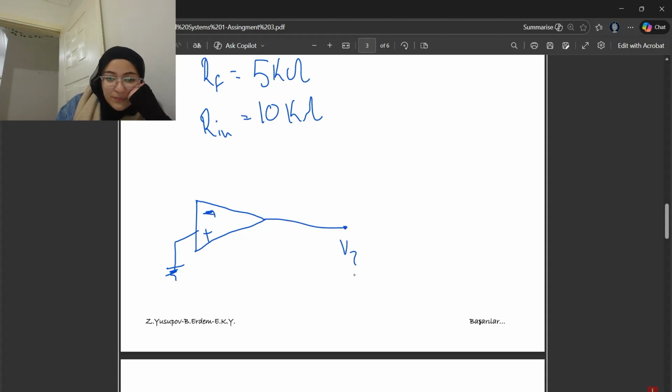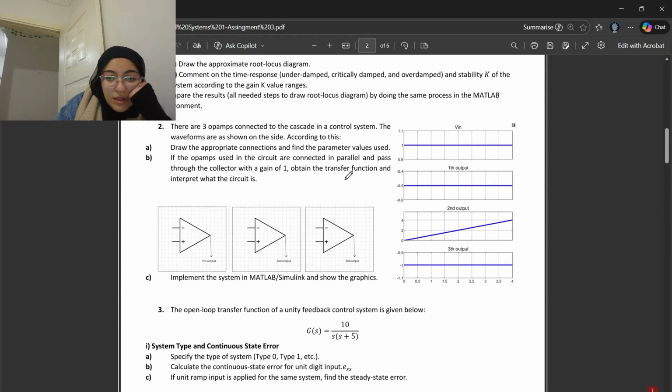Here is V2, here we have a resistor, and here is V1 coming from this op-amp. Then here we have a capacitor, let's say C, and here R. We need to find the values of C and R from the waveform.